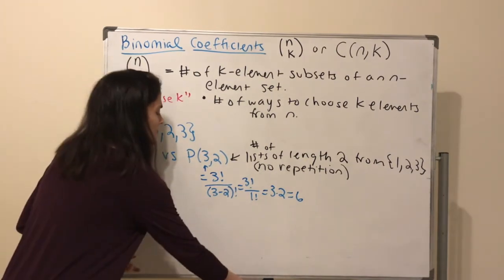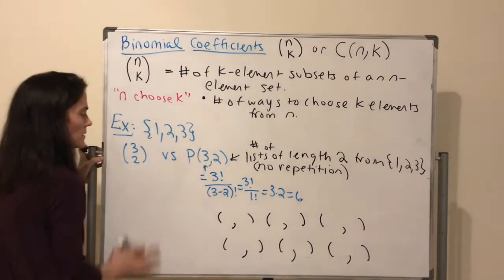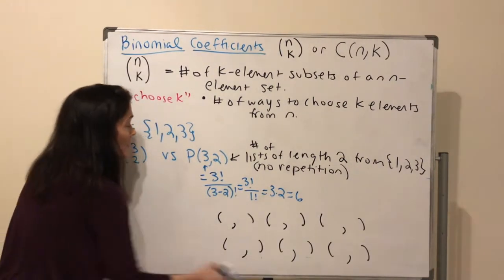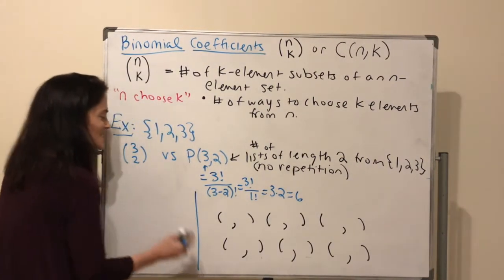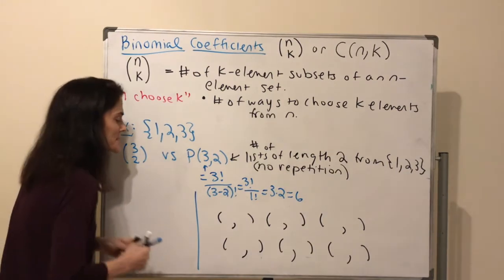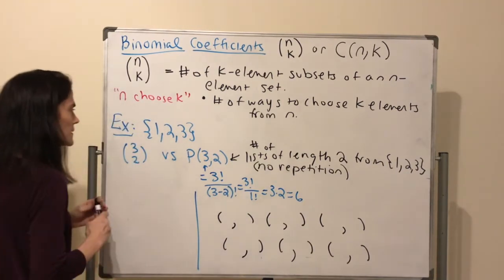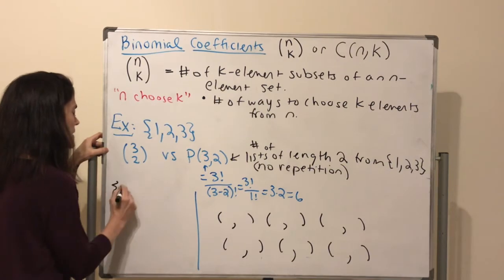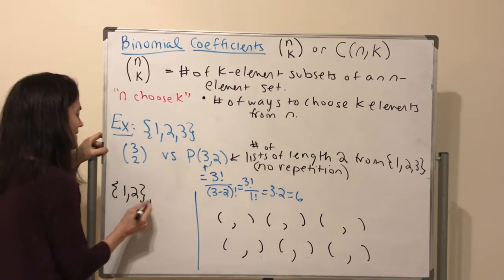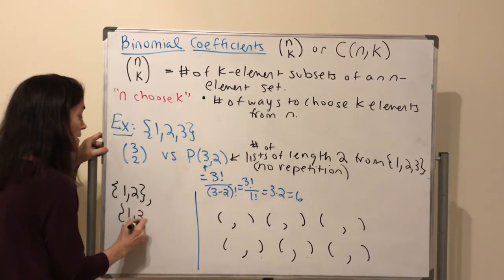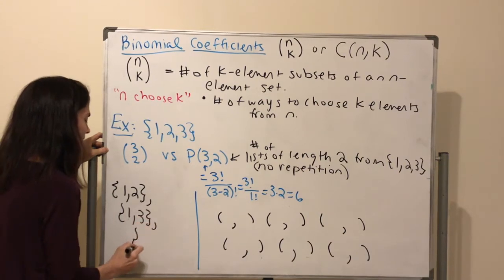We can write them all out, and on this side, we will write out all 2-element subsets to compare these two numbers. I have the subset containing 1 and 2, the subset containing 1 and 3, and the subset containing 2 and 3.